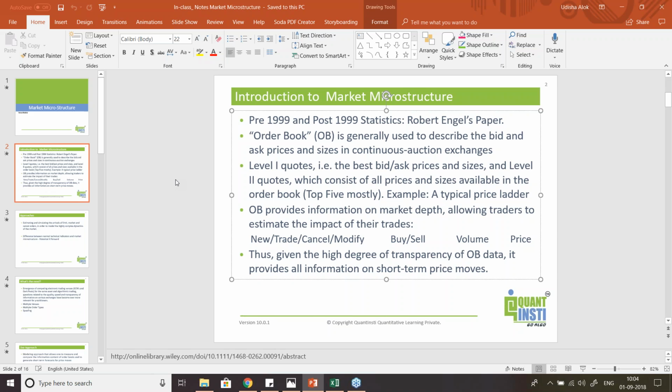For example, is it a new order, or is it an old order that is being modified or cancelled, or is it an execution order, that is, you are directly hitting the market for a trade? It will tell you whether it is a buy or a sell order, the amount of volume, and the price at which that order is going to be traded. All this information about a single order is collected and stored in the order book.